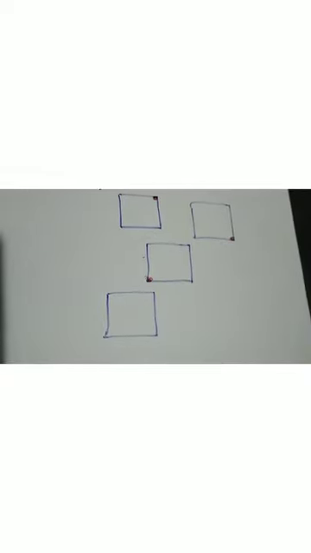Then after this we can do it this way, then again this way. Now here will be the point. Then again this one will be the next point. Where will be the point? Here will be the point. Now the point is in the correct position.